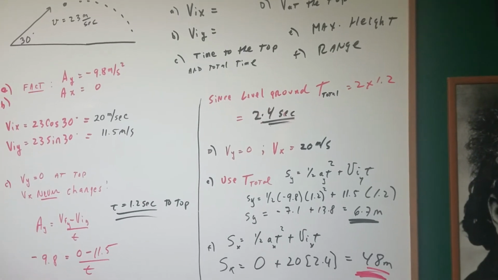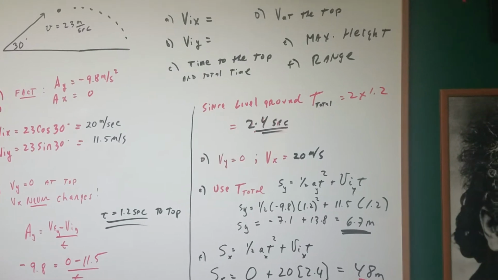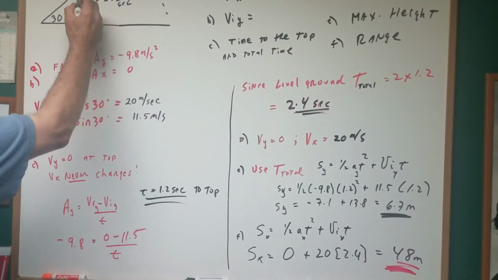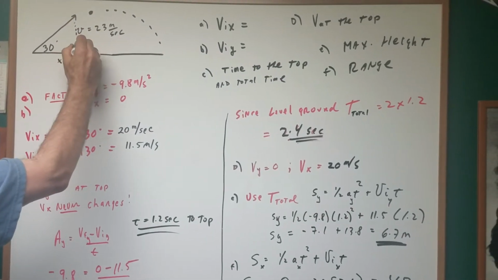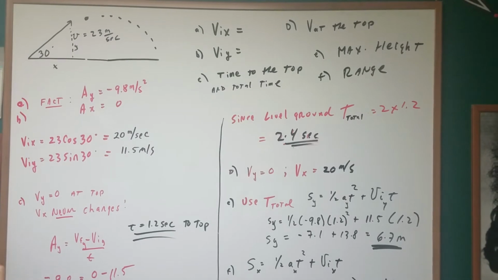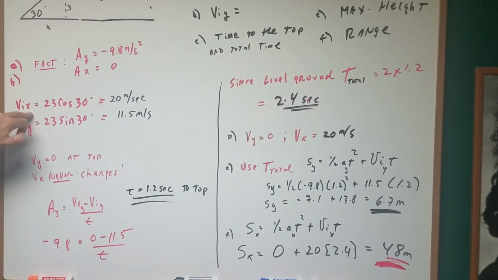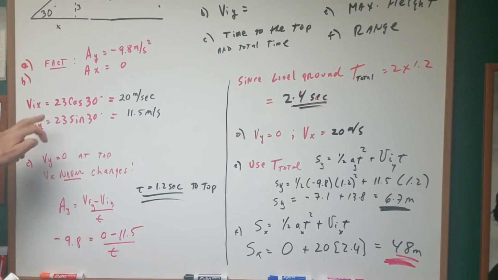Okay, let's get a and b together. Find the initial velocity in the x direction and the initial velocity in the y direction. Pretty straightforward. If you dropped a little perpendicular down to here, you can see this is the x-axis and this is the y-axis. So we're going to take the horizontal component of the velocity first, and because it's adjacent to the angle, we use cosine.